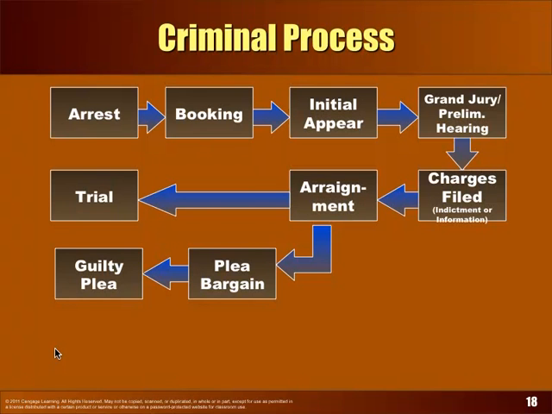And then it shows that arrow going over to trial. There might be some things in between that we've been talking about, right? There might be a motion to suppress some evidence prior to trial. There might be a pre-trial conference. And even a little detour here to plea bargaining, sometimes at the pre-trial conference. Plea bargaining usually is, like I said earlier, a reduced sentence or a reduced charge.